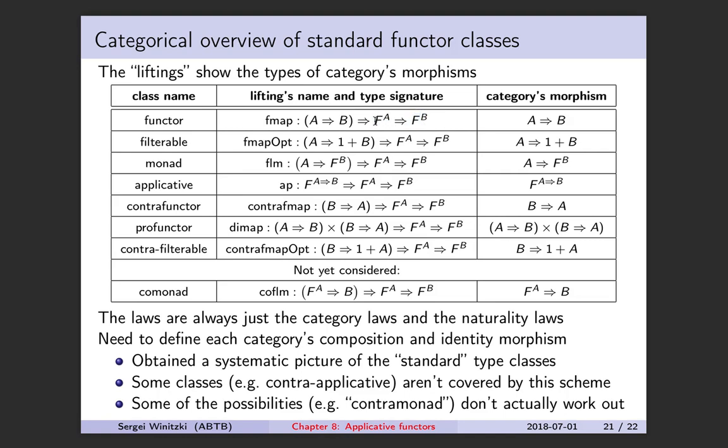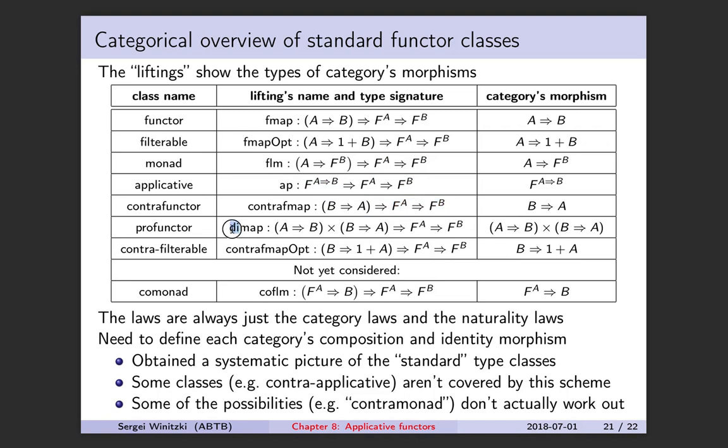So always this lifting took something and produced a function from fa to fb. It took this, produced fa to fb; or took this, which is flatMap, produced fa to fb. This is app. It took this, produced fa to fb. Contrafunctor took this, produced fa to fb.